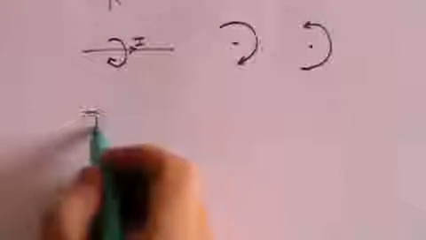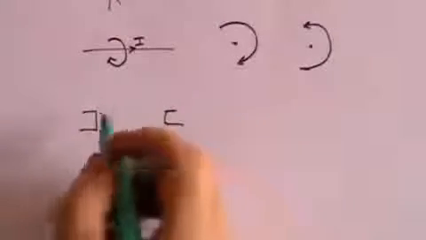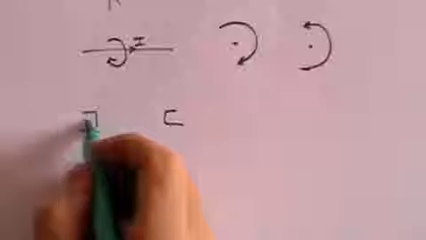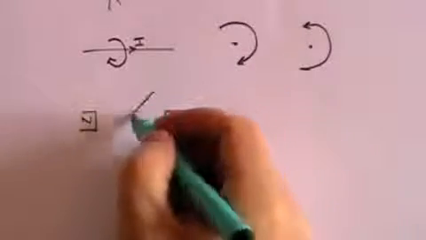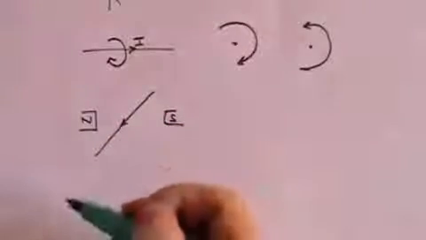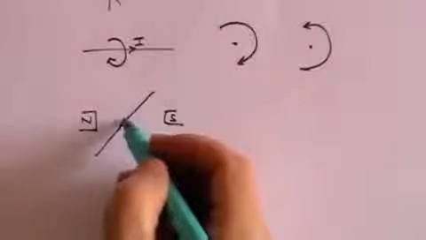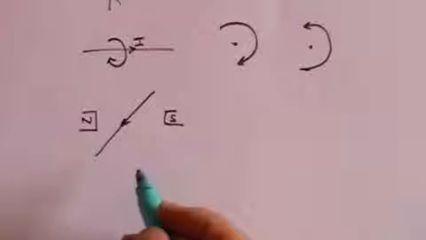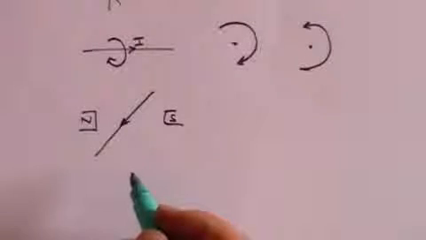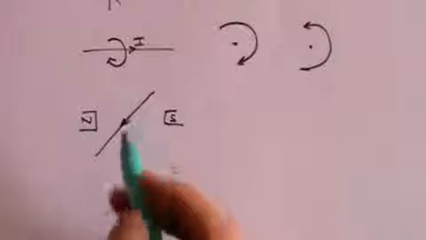Now, if you put a wire carrying a current in a magnetic field, here is a magnetic field north to south, and here is a wire which you have to imagine is actually coming out of the paper, and the current is flowing towards me. What you will find is that there will be a force on that wire and it will move.